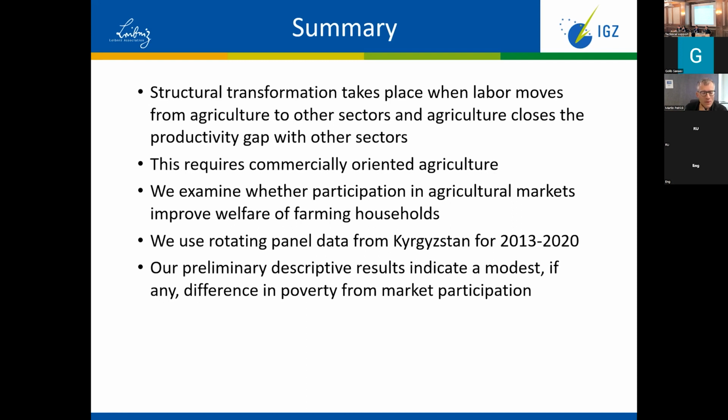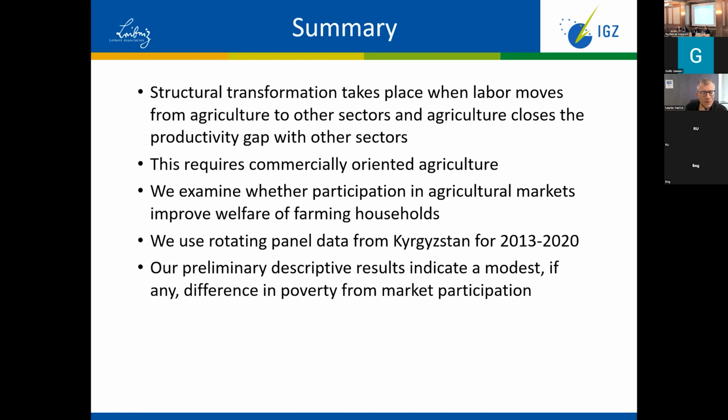And we know the processes happening in Kyrgyzstan, many people moving from rural areas and agriculture towards cities, to migration and to other sectors. And overall, this trend is expected to improve lives of people who are in agriculture.